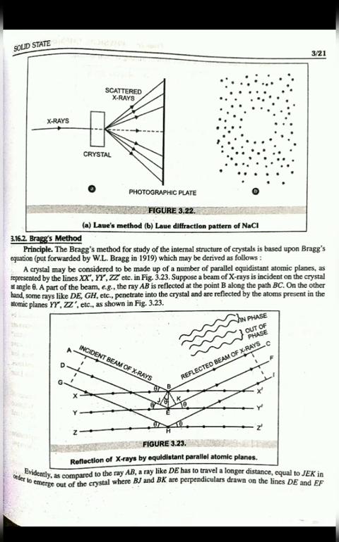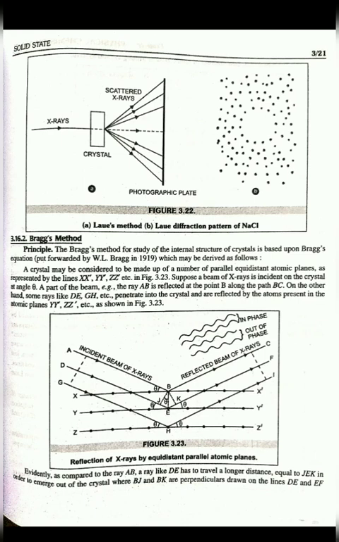A part of the beam, for example the ray AB, is reflected at the point B along the path BC. On the other hand, some rays like DE, GH, etc. penetrate into the crystal and are reflected by the atoms present in the atomic planes YY', ZZ', etc., as shown in the figure.